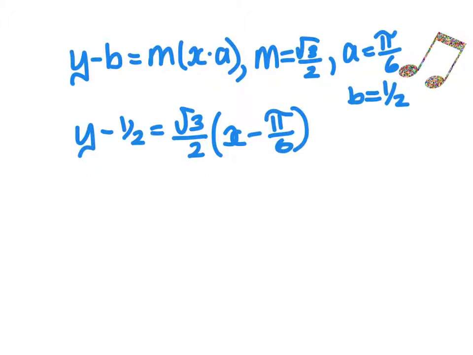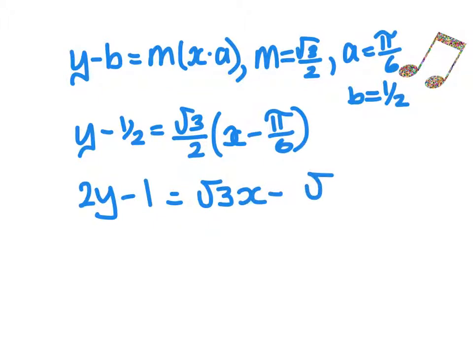Now I'm going to multiply everything by 2 so that I can get rid of this fraction. So 2y minus 1 equals root 3 times x minus root 3 times pi over 6. So I'm just going to move everything to one side, tidy it up slightly.